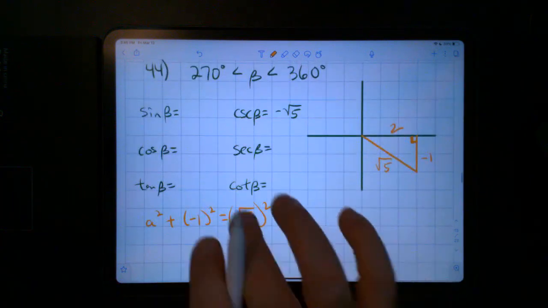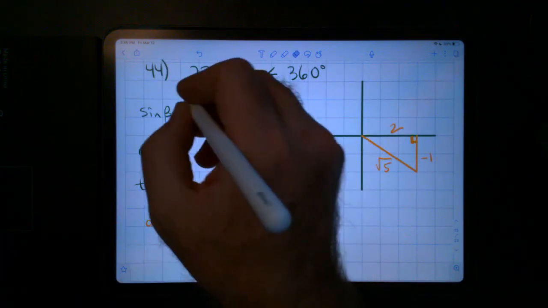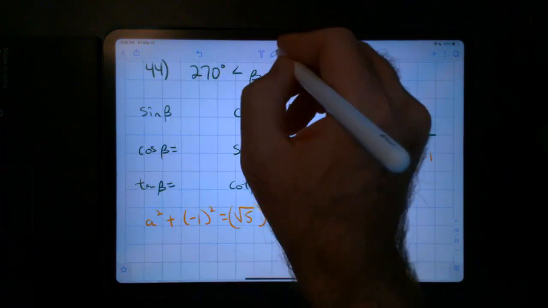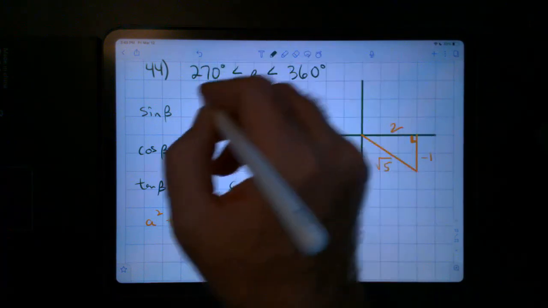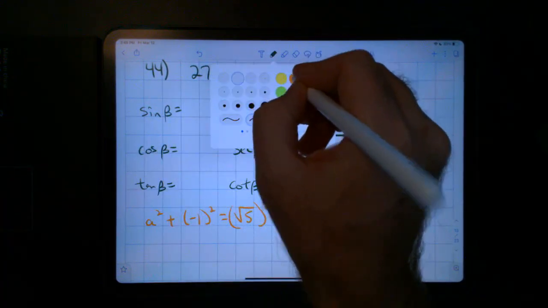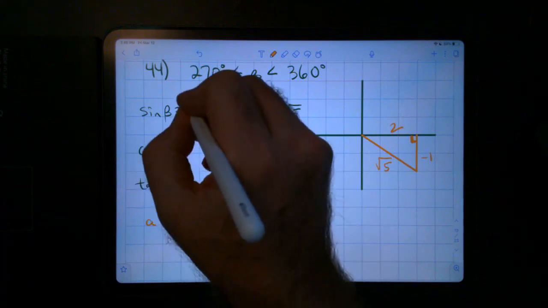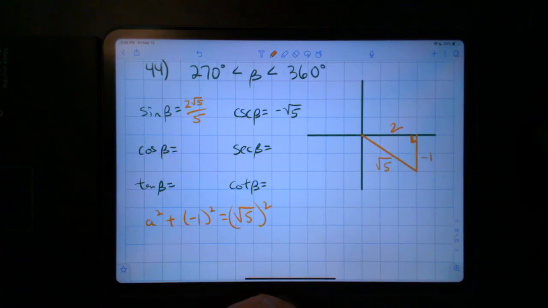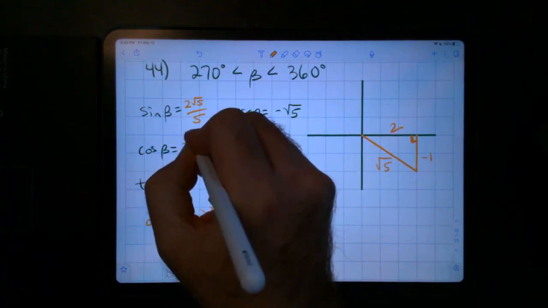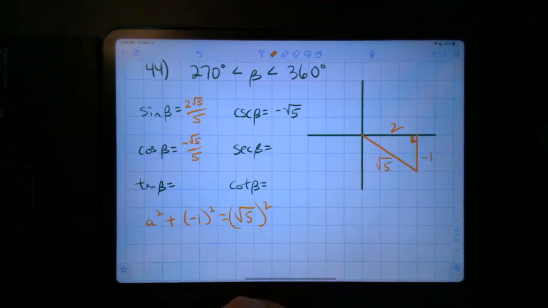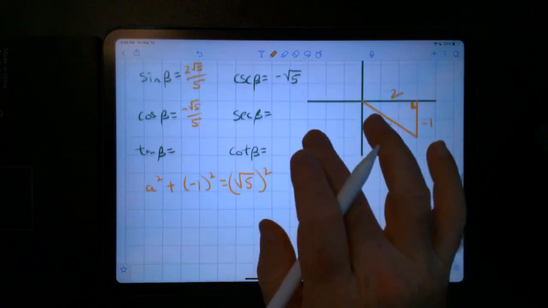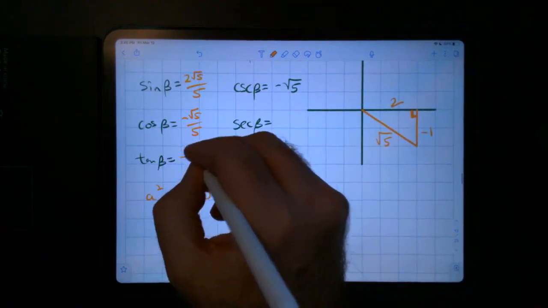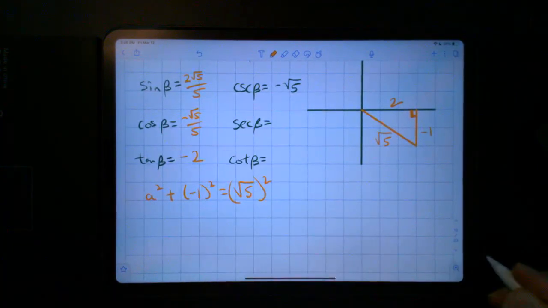So that the sine is going to be two root 5 over 5. Cosine is going to be negative root 5 over 5. Tangent is going to be negative sine over cosine.